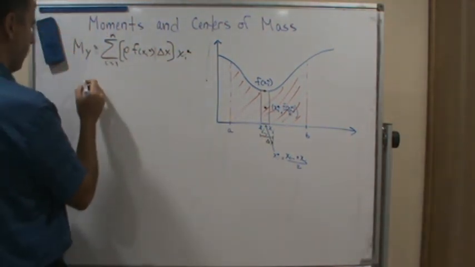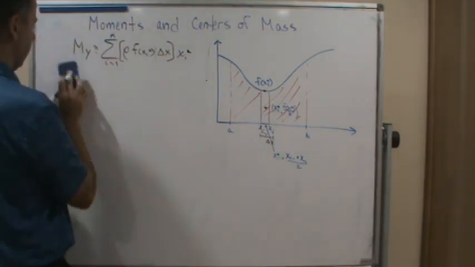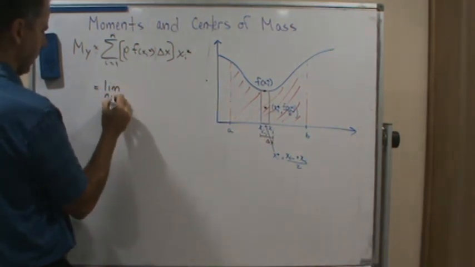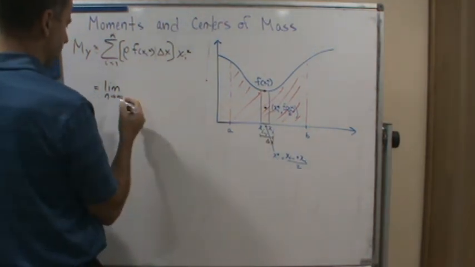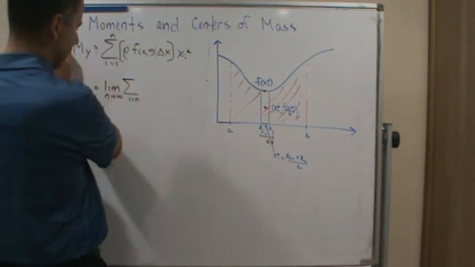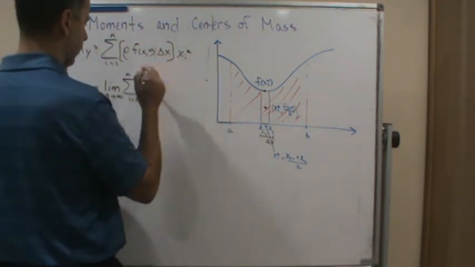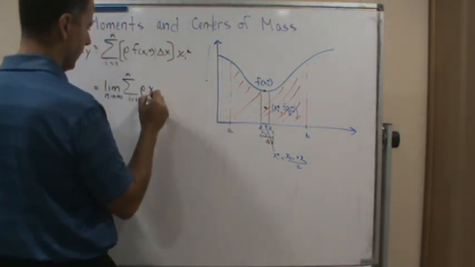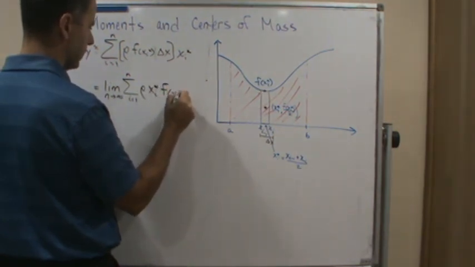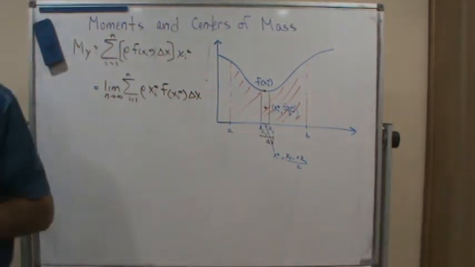And so this becomes equal to the limit as n approaches infinity, and now I'm going to rearrange things. This is going to become the summation as i goes from 1 to n of rho times x sub i star times f of x sub i star times delta x. And then of course, we take the limit.